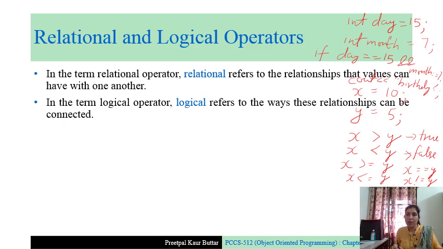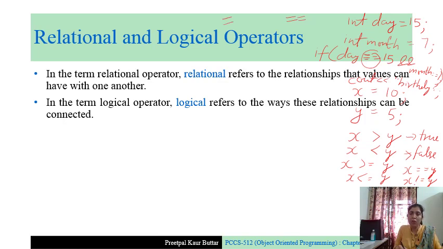Okay, so we are using the relational operator in this expression, which is the relational operator equal to. We are comparing these values, and please note that this is the equal to operator which is used for comparing two values to check whether they are equal or not.